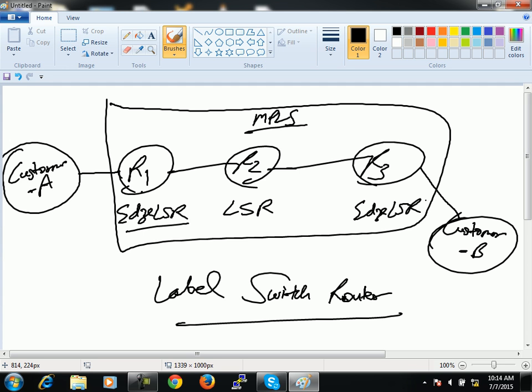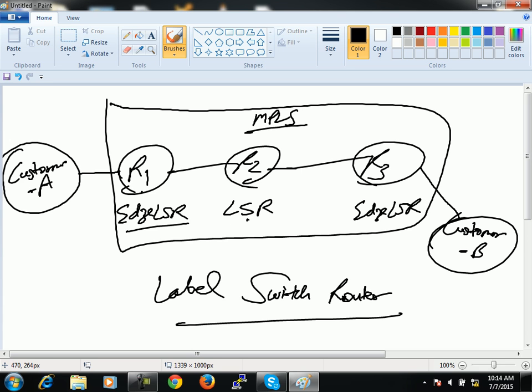A router which has all its interfaces in MPLS domain only will be known as LSR. A router which has some interfaces in MPLS domain and some interfaces in non-MPLS domain will be known as edge LSR.